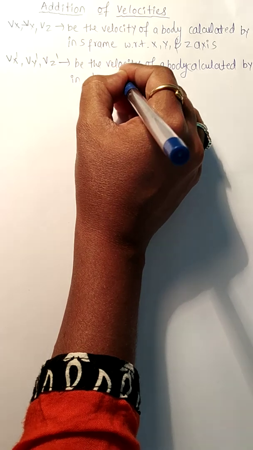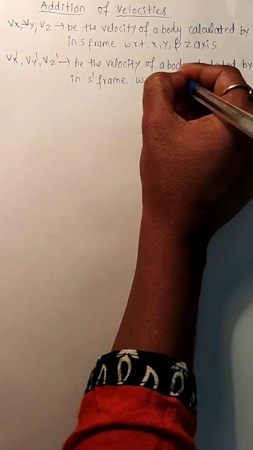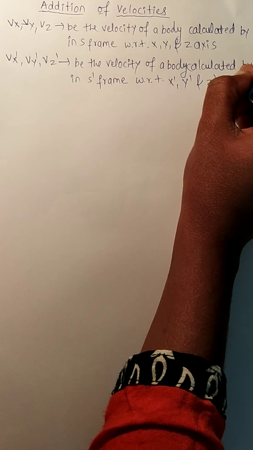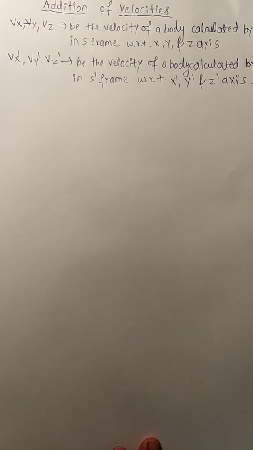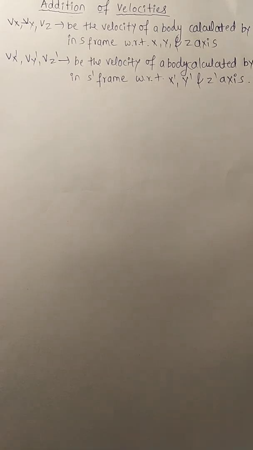When he is in the S dash frame, he calculates again with respect to what axes? For the S dash frame the coordinates become x dash, y dash and z dash axes. So with respect to these axes they calculated the velocity, that is phi x dash, phi y dash and phi z dash. Okay, now that is the thing we are going to derive.